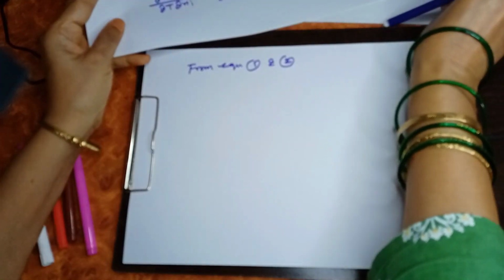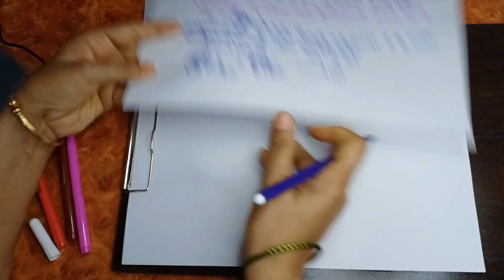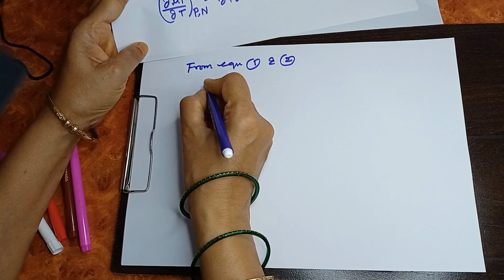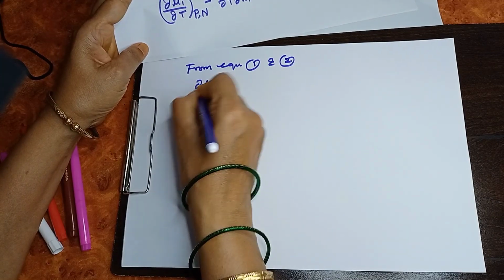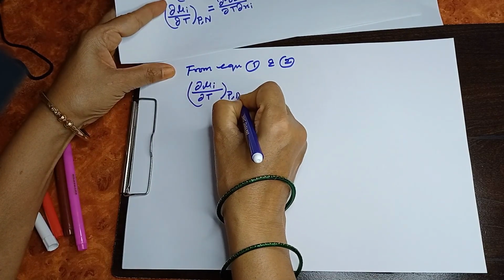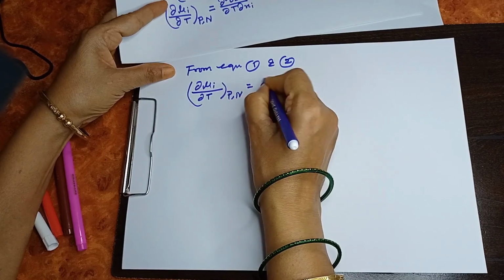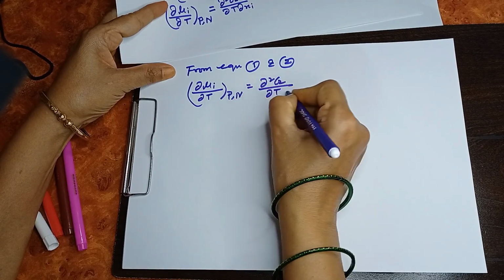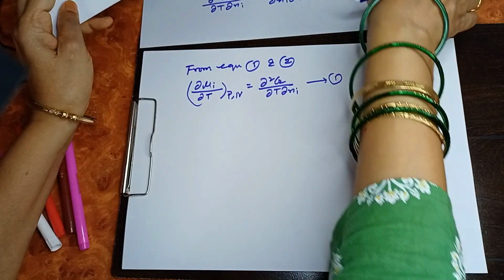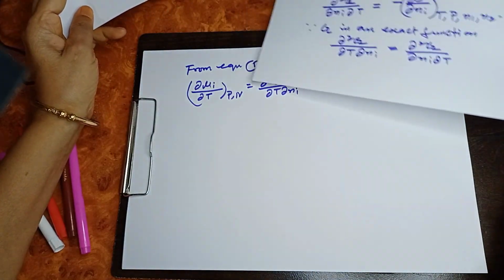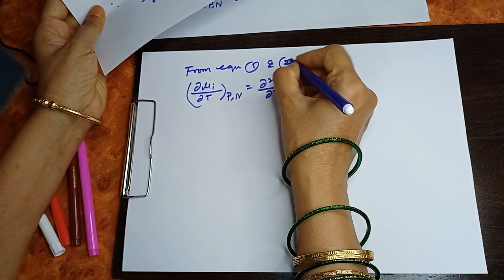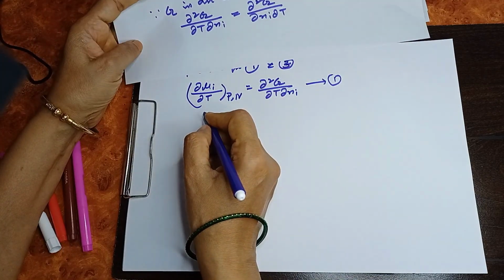Equation number 1 is dou mu i by dou T at constant pressure and composition is equal to dou square G by dou T dou Ni. And what is my equation number 3?